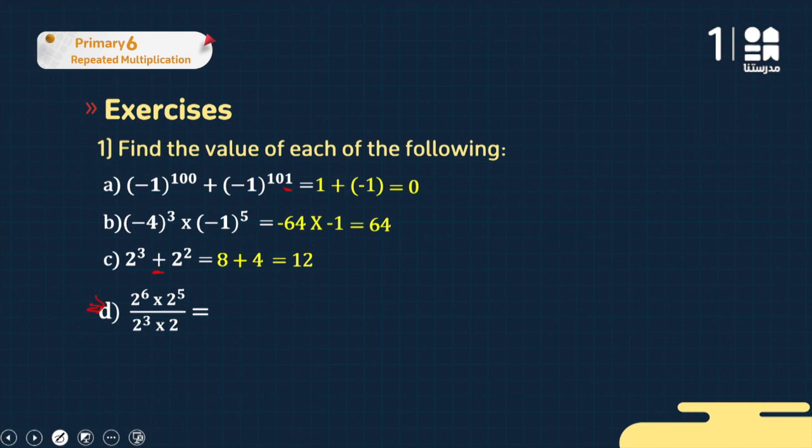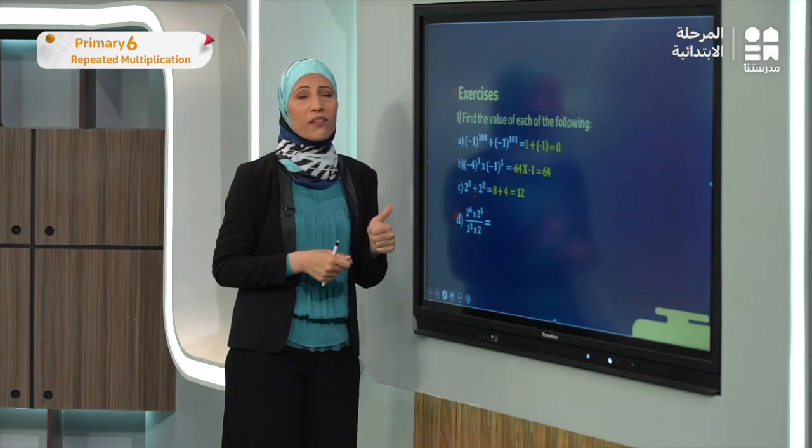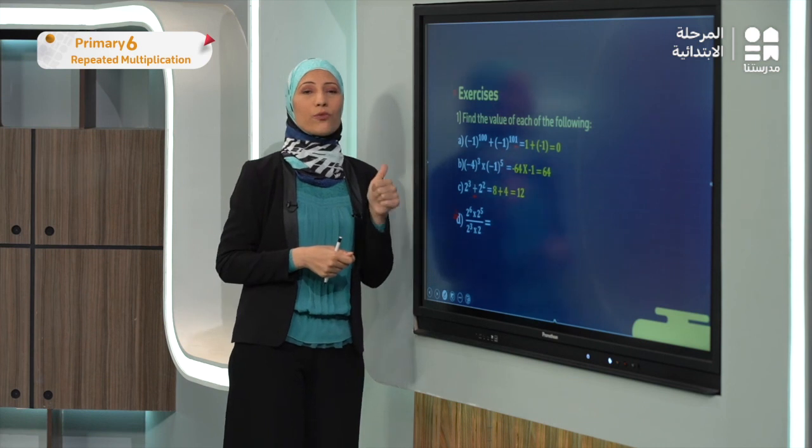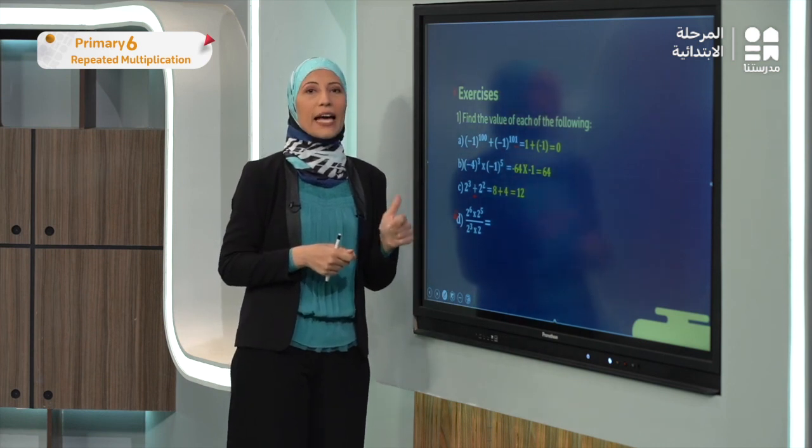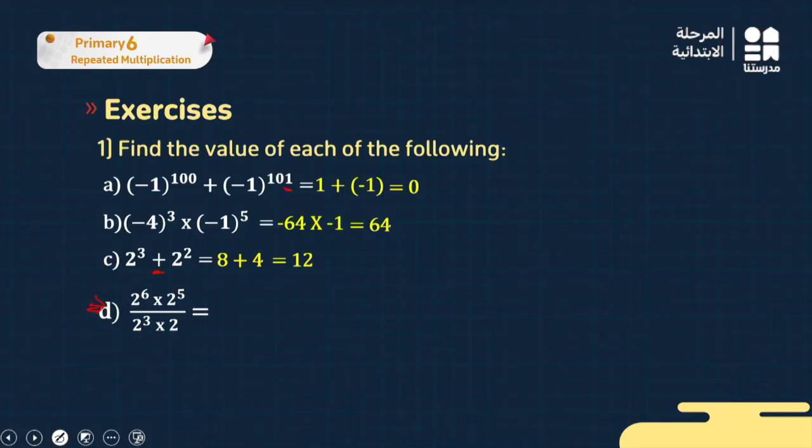My rule tells me if I have the same base multiplying with powers, I write the base and add the powers. So at the beginning I have 2 times 2, so I write only one 2 and add 6 plus 5. Also in the denominator, I have 2 to the power of 3 times 2. I have the same base, so I write only one 2 and make 3 plus 1.